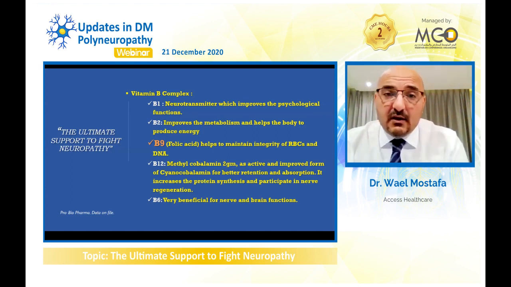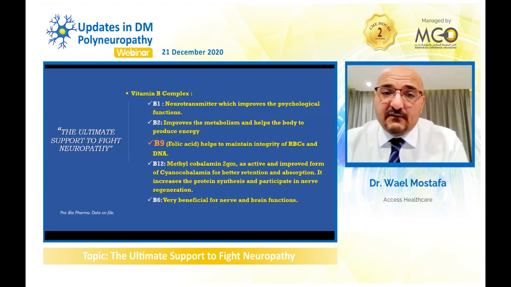Vitamin B2 improves metabolism and helps the body produce energy. We'll jump to number 3, which is vitamin B12. Our product also includes methylcobalamin, which is the active form of cyanocobalamin. Vitamin B6 is very beneficial for nerve and brain function.